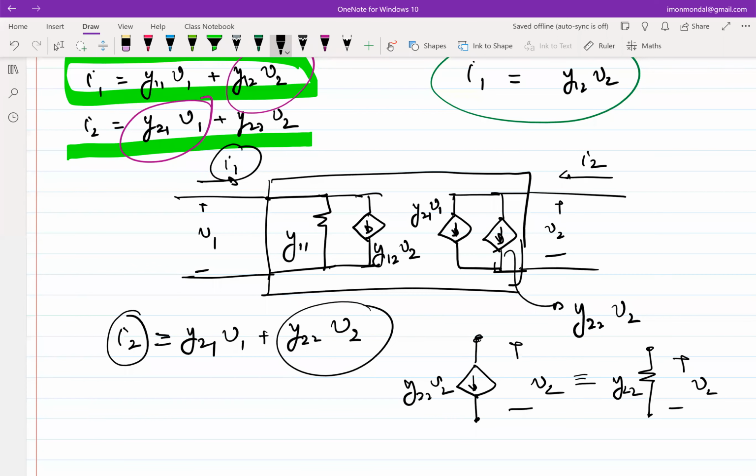Okay, so these two are equivalent, and we have done this while doing source transformation. We have used this principle once. You will see that there is a specific type of circuit. When we go to transistors and all, we'll be using this type of configuration, and we'll be replacing these with resistors multiple times.